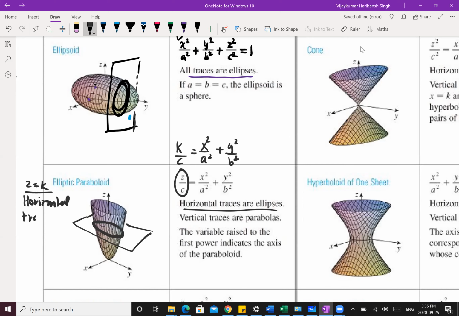And the other two traces are called vertical traces, because for the obvious reason, x equals k and y equals k are our vertical traces. So now let's try to look at the vertical traces. If we look at vertical traces, that means we have to cut it with a plane y equals k, suppose.